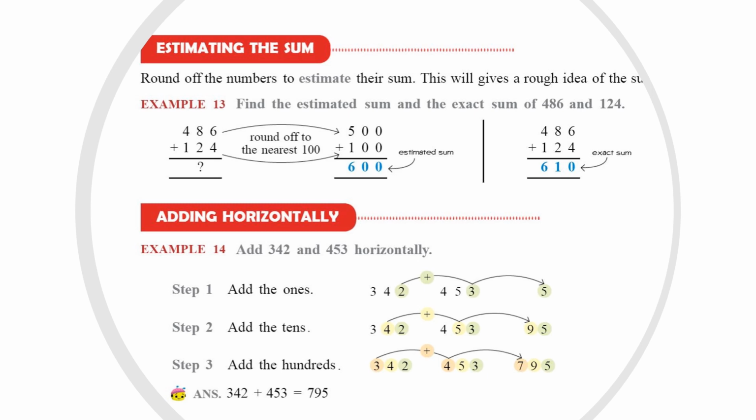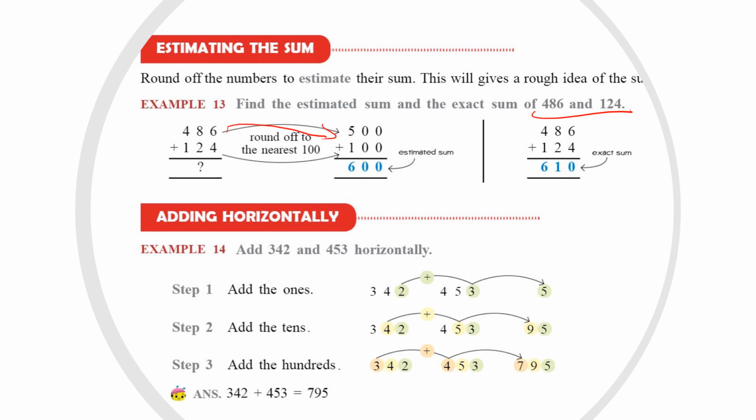Here in example 30, find the estimated sum and the exact sum of 486 and 124. Write down the numbers 486 and 124. First, you have to round off 486 to the nearest 100, that is 500.